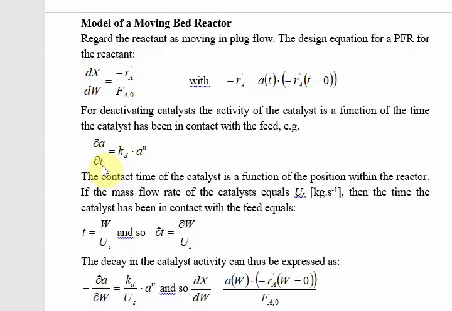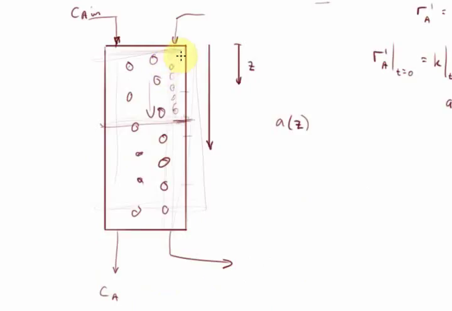So we can easily do that, right? We could say, well, that catalyst is falling at a specific rate down that tube. So if we look in this tube, we can say that there exists some speed at which that catalyst is falling. So U is some value in, let's say, kilograms per second.